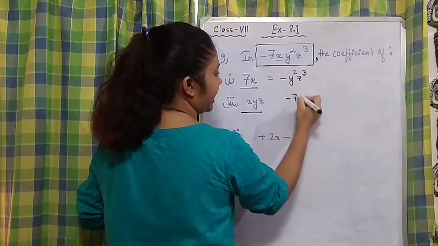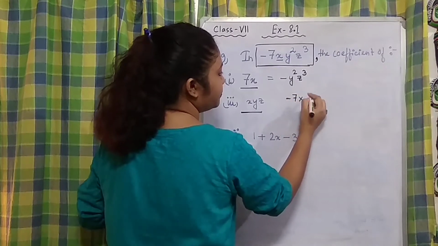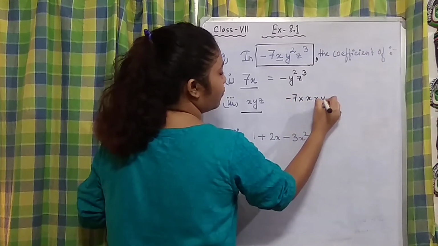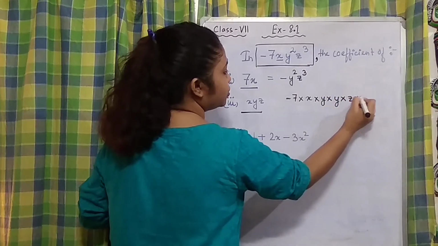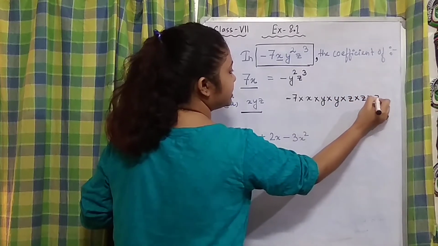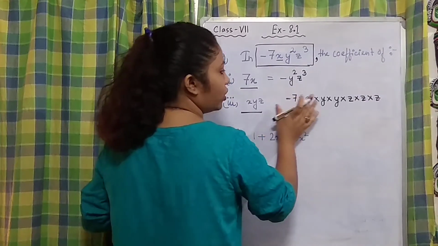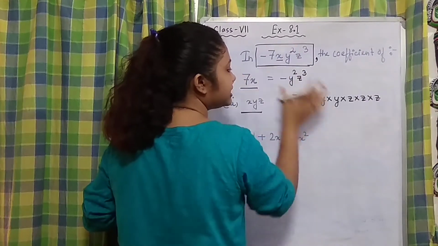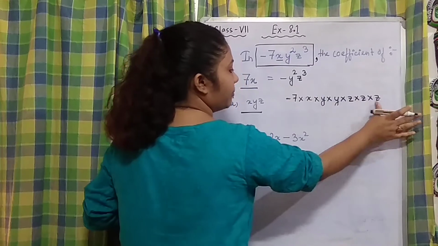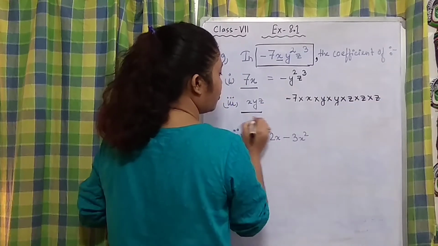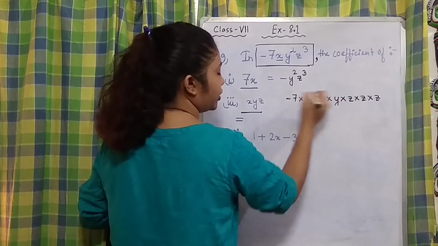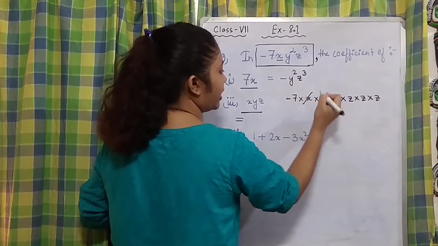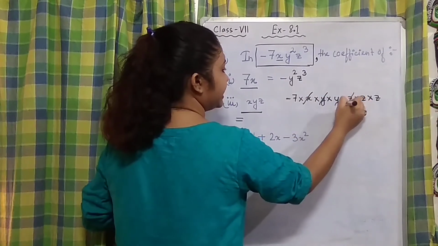Minus 7 into x into y into y into z into z into z. If we expand this term, this is going to come. Now from here, what is taken? First z is taken, x is taken, then one y is taken and one z is taken.